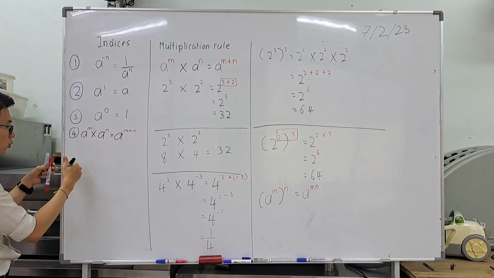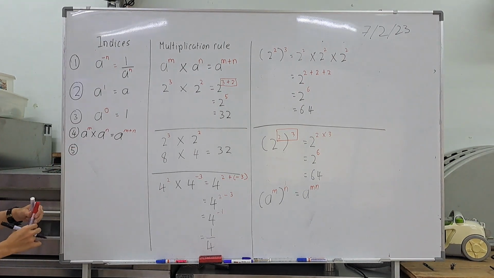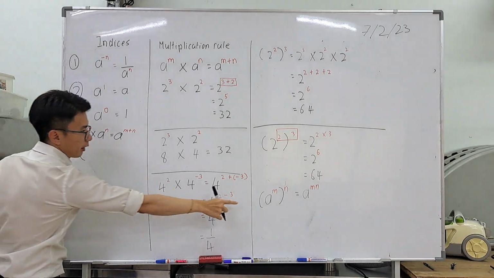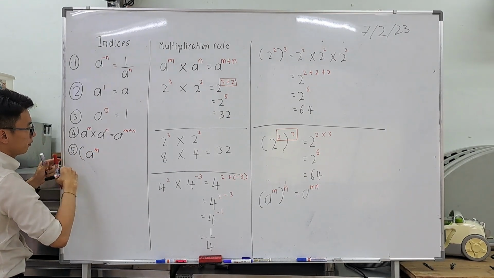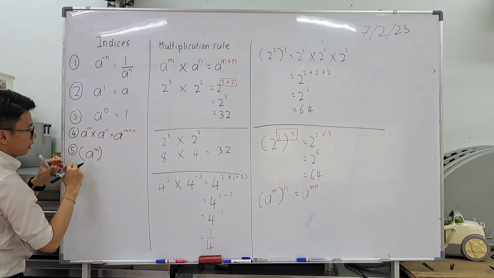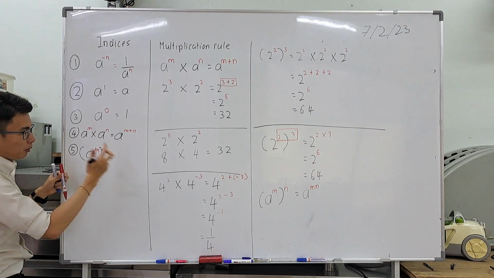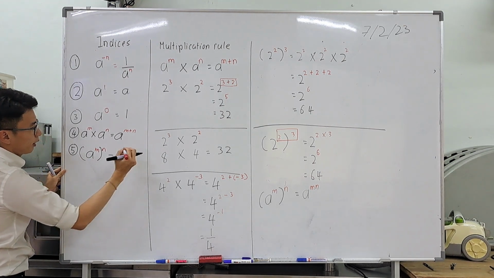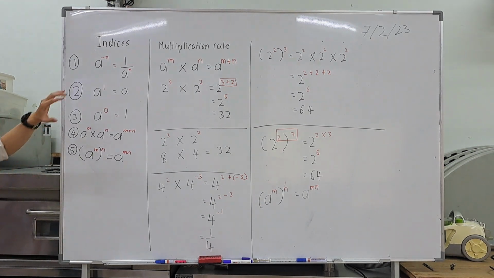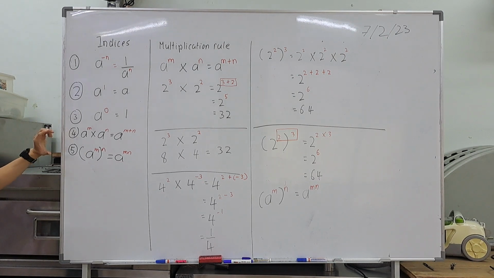For number 5, I can have A to the power of M, and this whole thing is to the power of N. I can also summarize it as A to the power of M times N. The main focus here, in addition to the 3 rules we taught on indices, will be the multiplication rule.